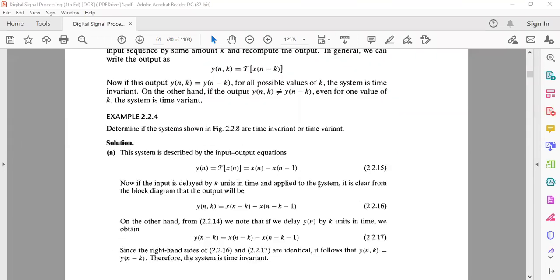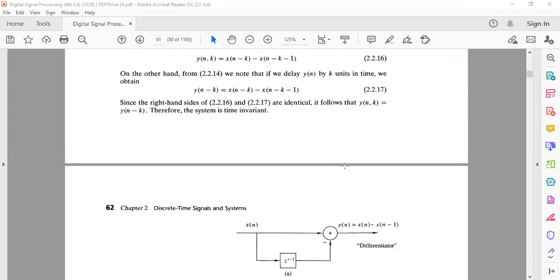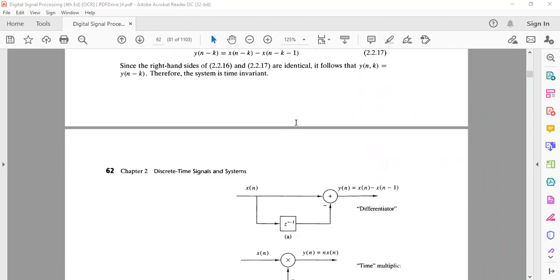So we can try to prove, for a given system, whether a shift in the input will appear in the output, for us to classify our system as time invariant or time variant.